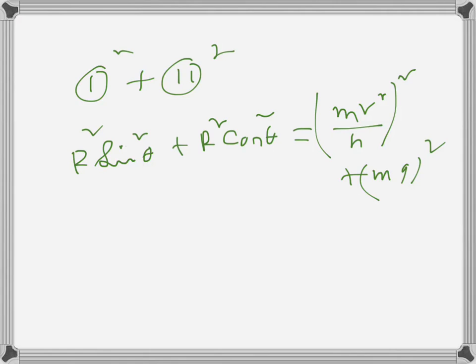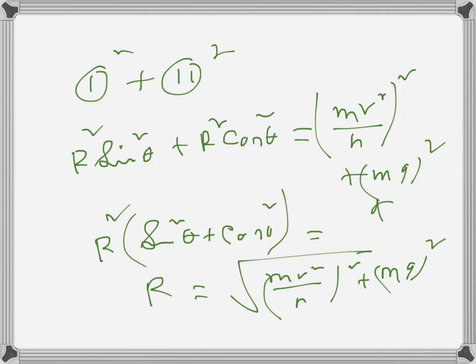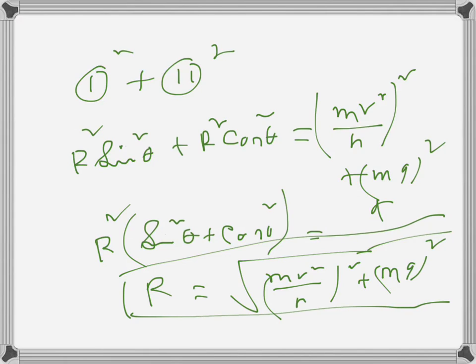Of course, sine square theta plus cos square theta is 1, so the bracket term will become 1, and that will be there, and R square here, so R will become like that. That way we can find R as well if we are asked to. So yeah, I just thought of doing this small video.